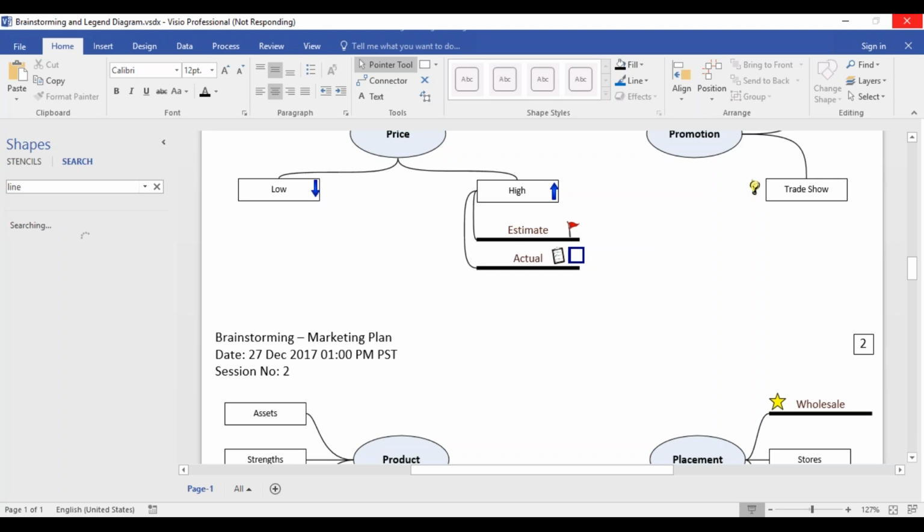Okay, so line is being searched. Just wait for it. First time, it can take a few seconds.